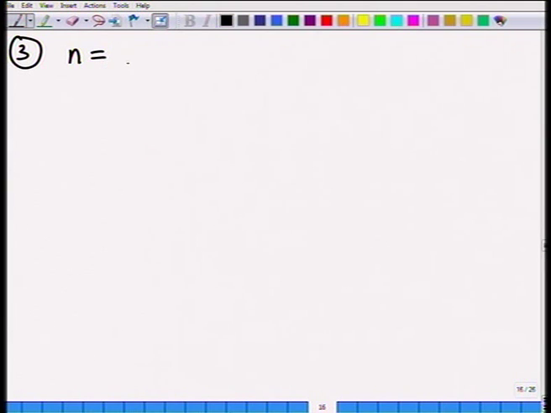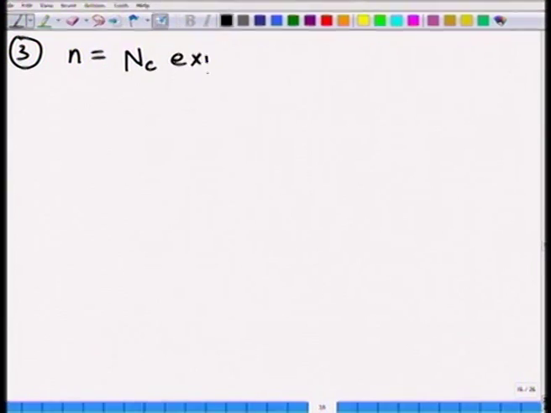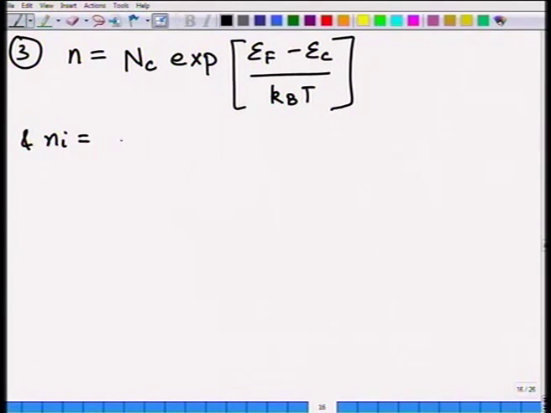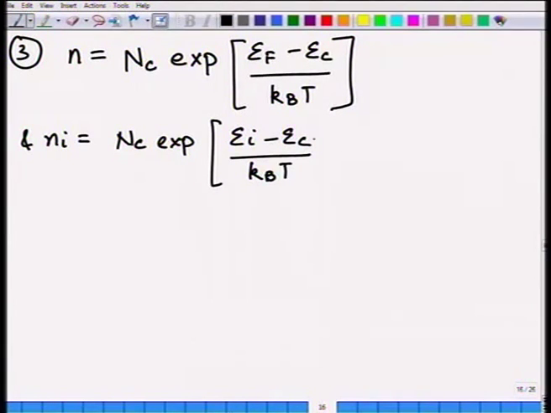Since N is equal to Nc e to the power Ef minus Ec by kBT, and Ni is equal to Nc e to the power Ei minus Ec by kBT. Remember, when the Fermi energy is Ei, then the electron concentration is Ni.